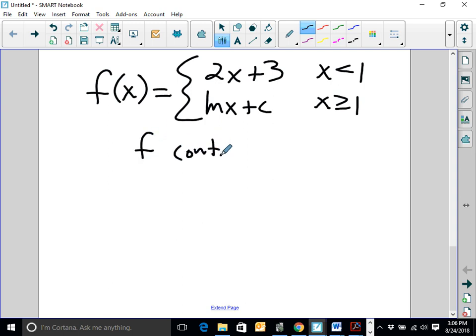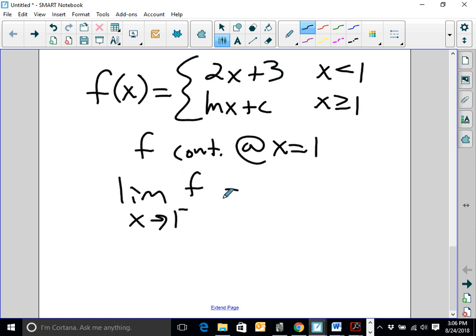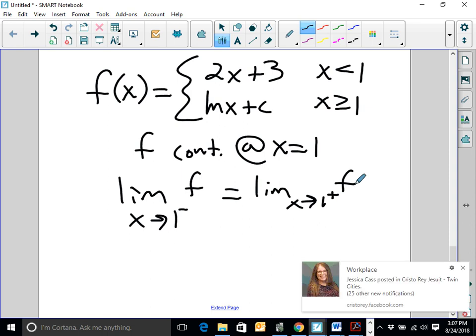That means the limit as x goes to 1 minus of f must equal the limit as x goes to 1 plus of f. Go ahead and pause this video right now and work it out.